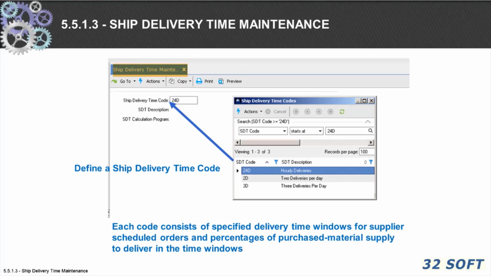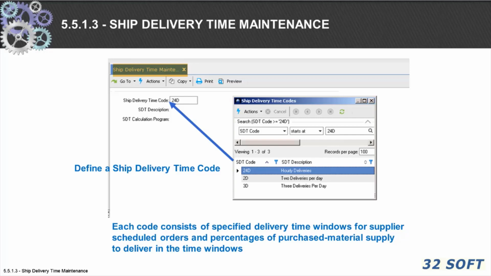5.1.3 Supplier Delivery Time Maintenance defines delivery time codes. Each code consists of a specific time delivery window for supplier scheduled orders and percentages of purchase orders to deliver in that time window. Remember, supplier performance management is intended to measure suppliers' ability to perform, not your ability to properly schedule.